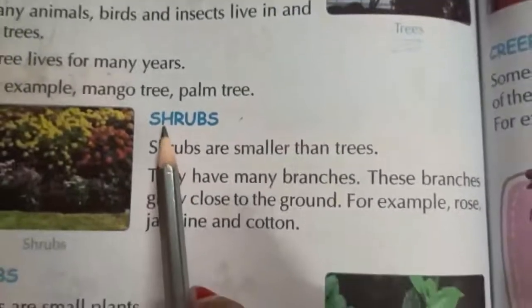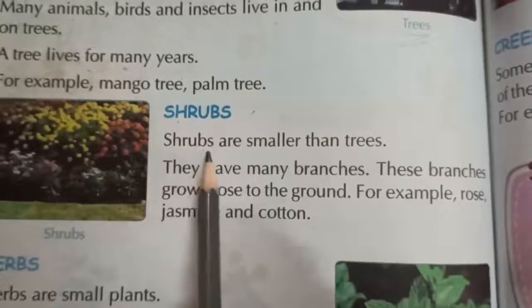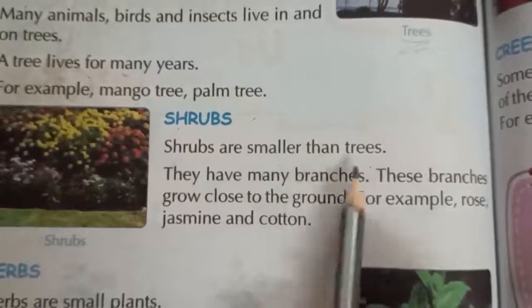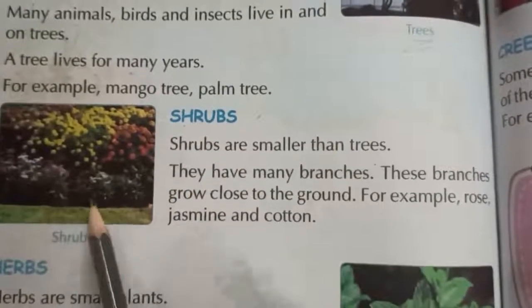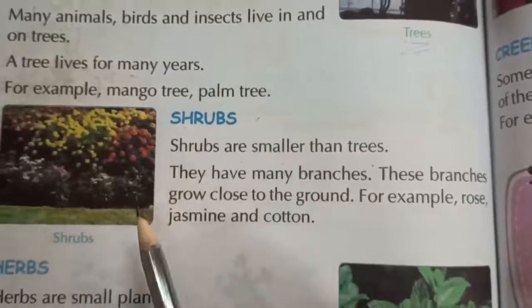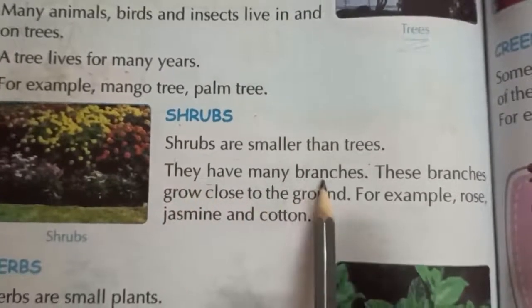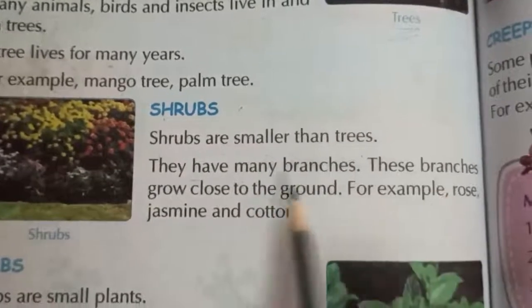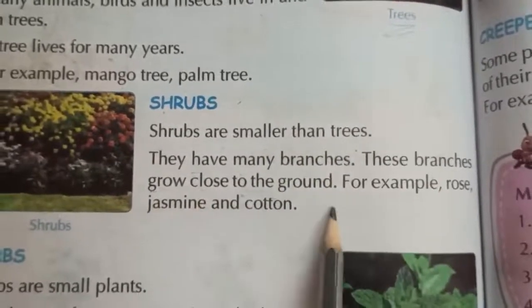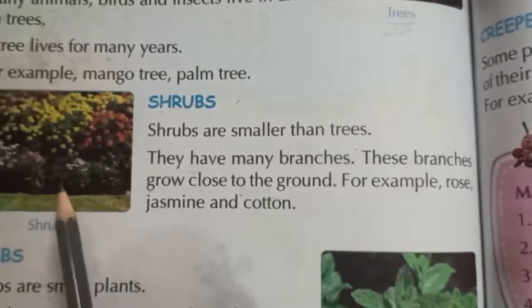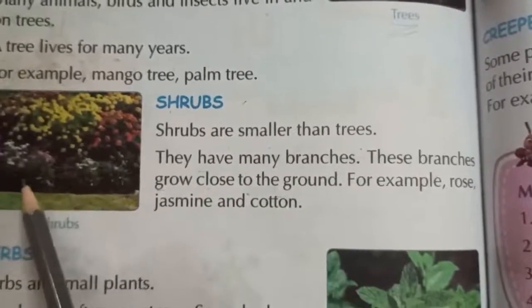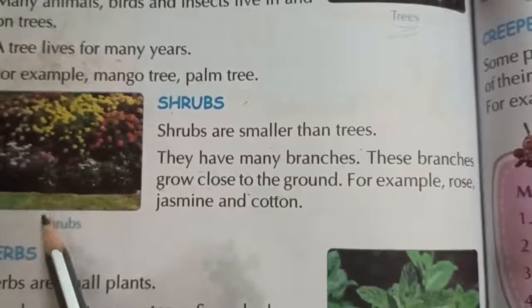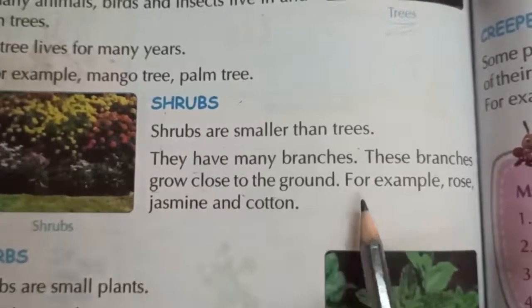Next type is shrub. Shrubs are smaller than trees. They have many branches. Like trees, they also have many branches. These branches grow close to the ground. So, usually shrub branches grow near to the ground.